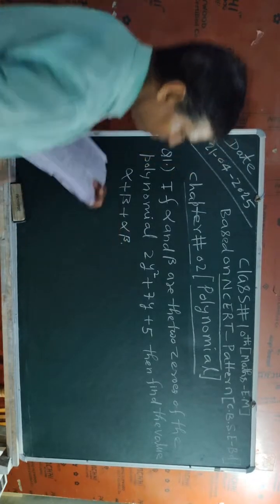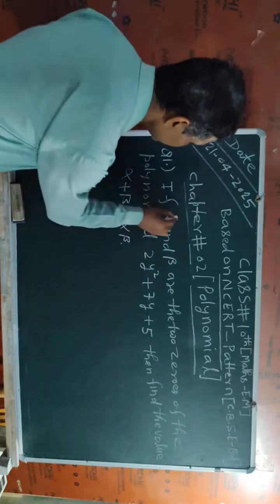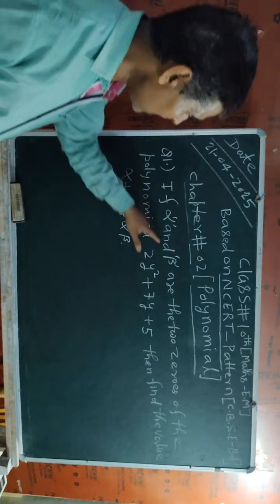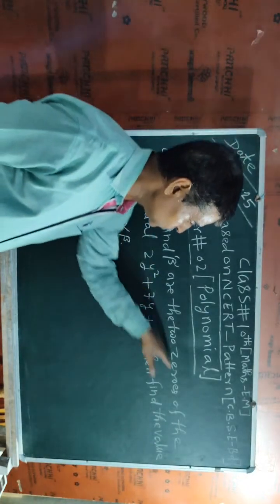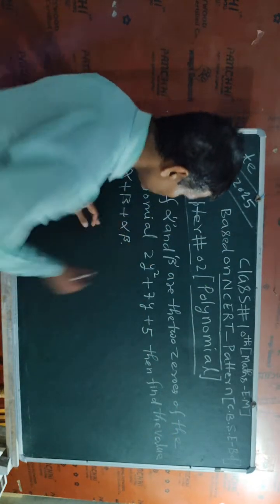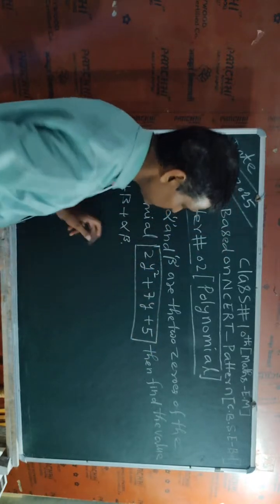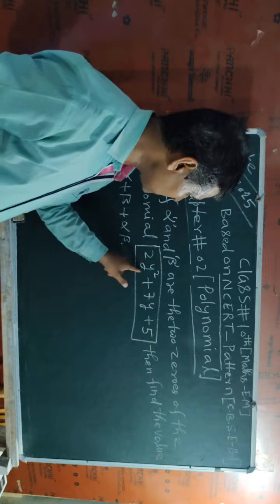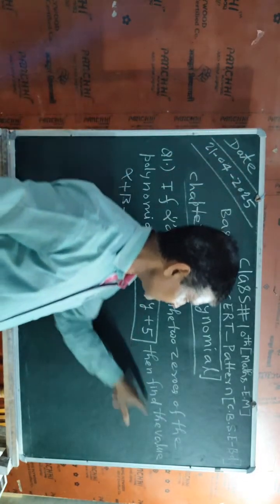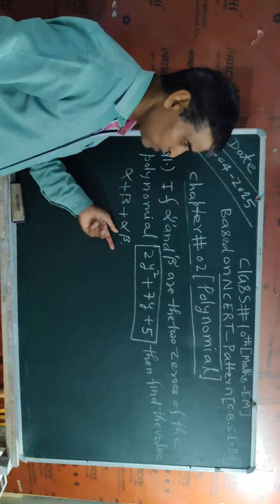This is the question you have to read and write clearly. If alpha and beta are the two zeros of the polynomial, which is available in the form of y, 2y square plus 7y plus 5, it is given here. Then find the value of alpha plus beta plus alpha beta. What will be its value?